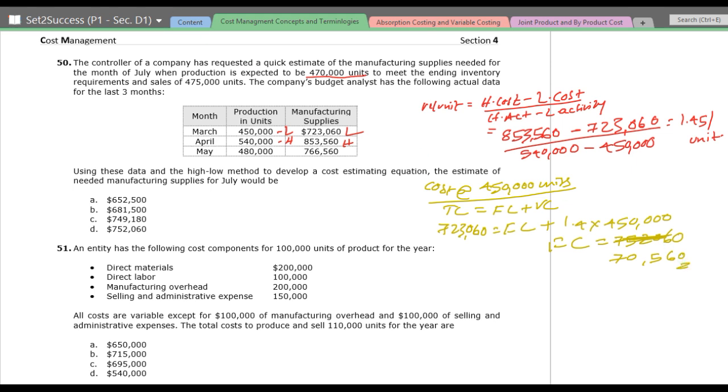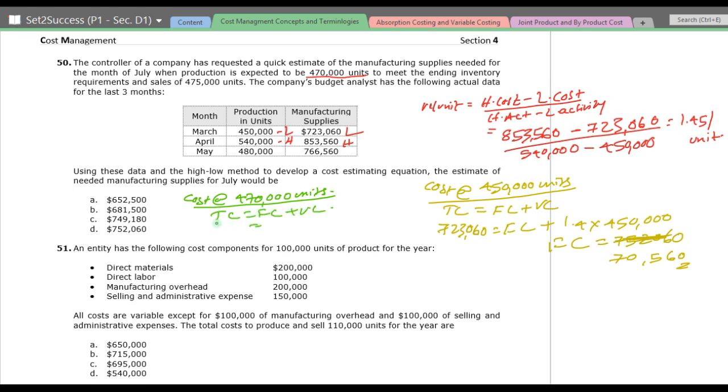So now let us find the cost at 470,000 units. Total cost is equal to fixed cost plus variable cost.